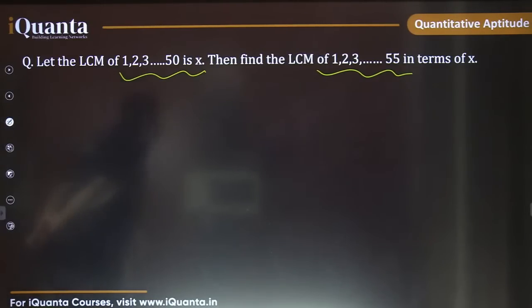Be quick, please. Now that's a very easy question. Don't take much time.